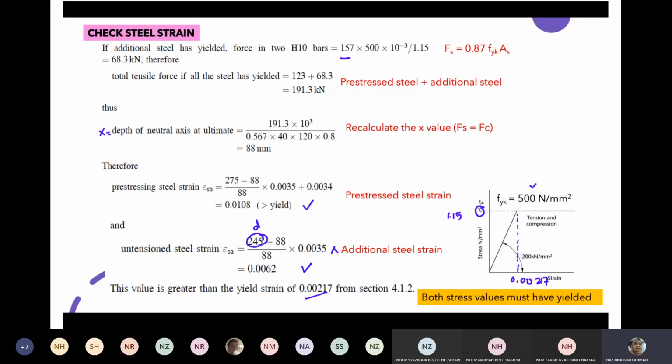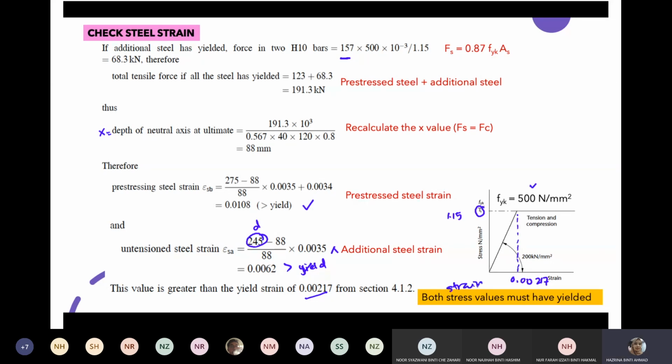This is also greater than the yield strain. So we know that both values of the steel strain exceeded the yield point. To meet the requirement, both strain values must have yielded. It is not stress; this is supposed to be strain values.